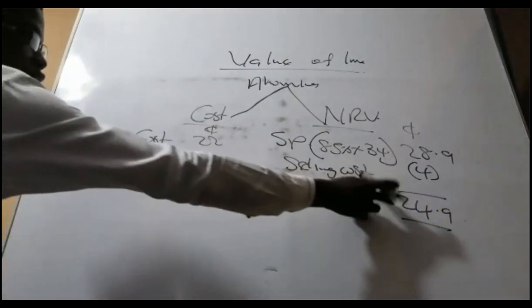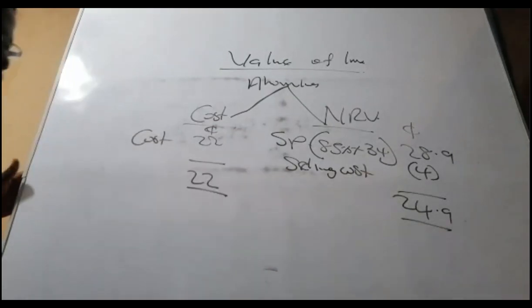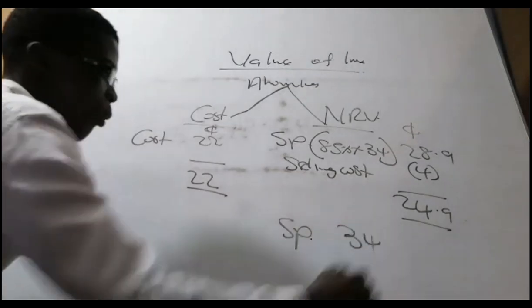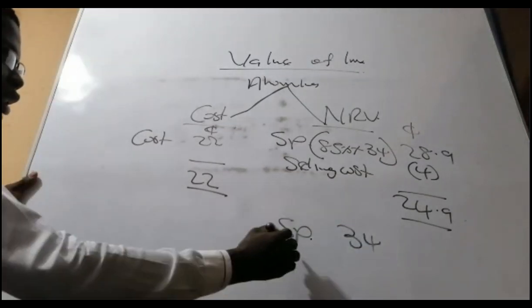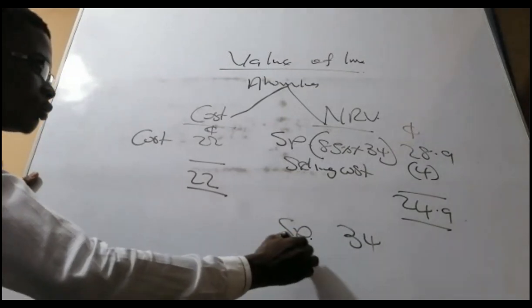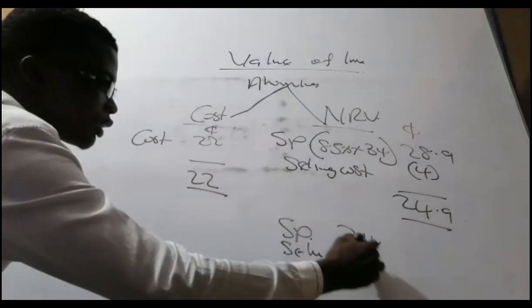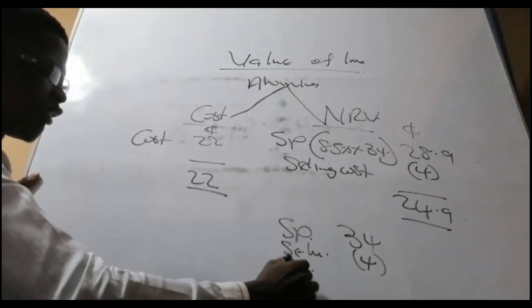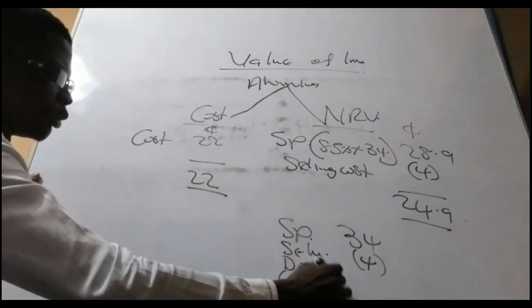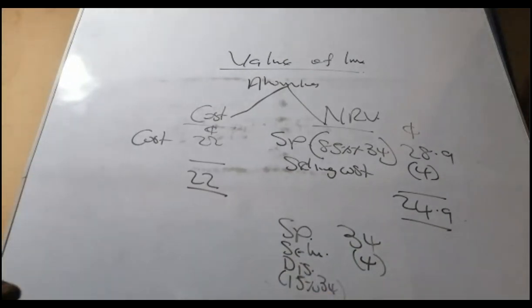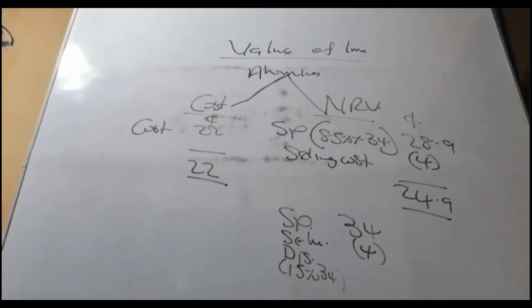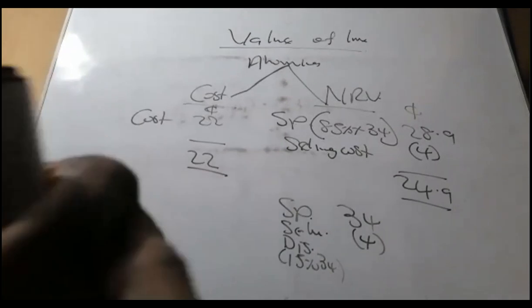This is your alternative. You can maintain the selling price like this, SP 34, and say selling cost is 4 cedis, discount is 15%. So find 15% of 34 for me. What will be the answer? 15% of 34 will give us something point one, either 5.1 or 4.1. 5.1, good.